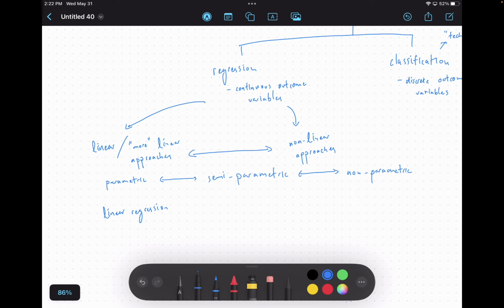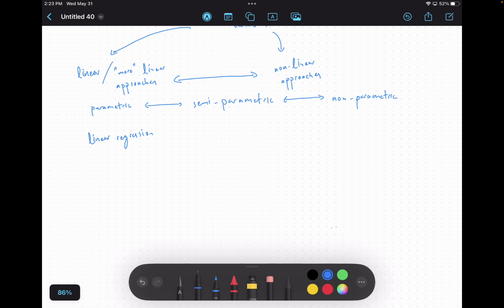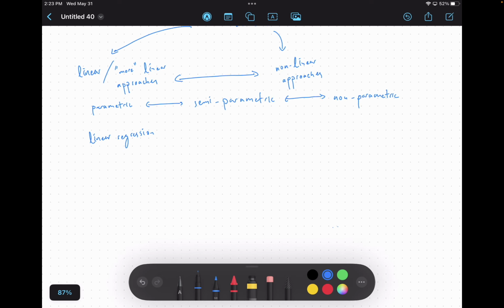And so can anyone think of any examples of regression models that we use for more semi-parametric? Different functional forms like logarithmic, level log, log level. Sure. Yes, we can say something like that.